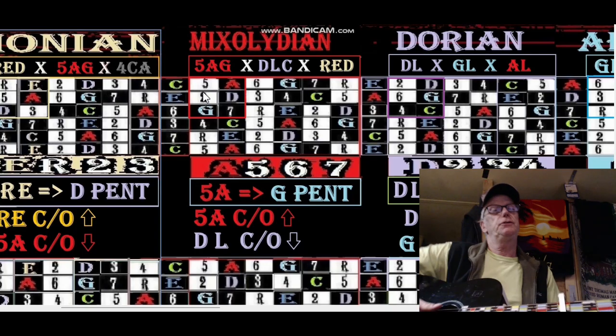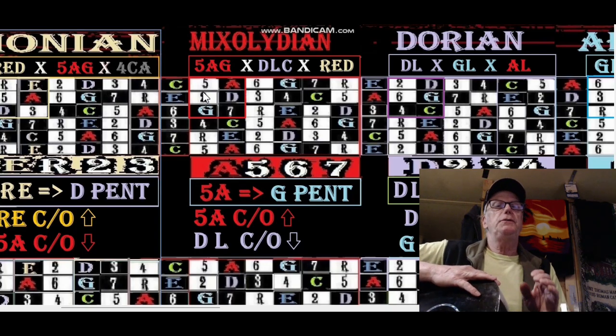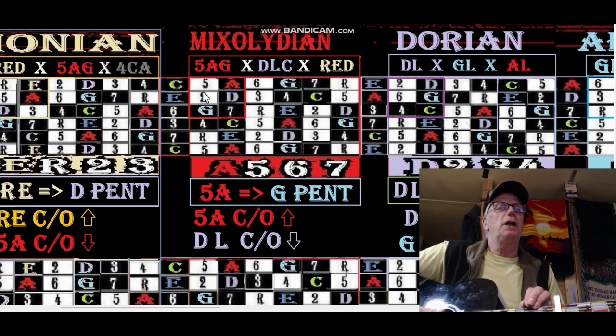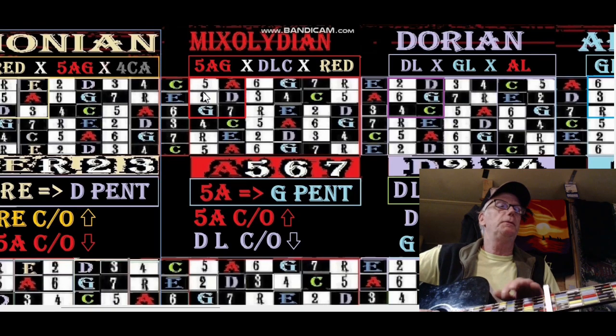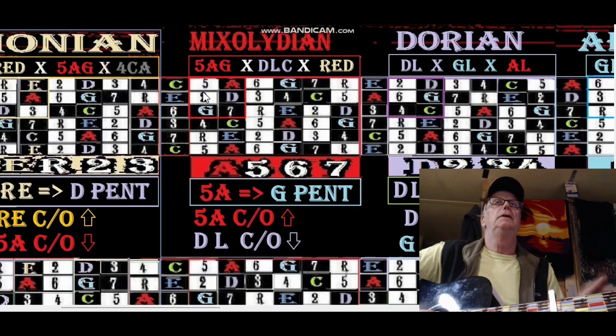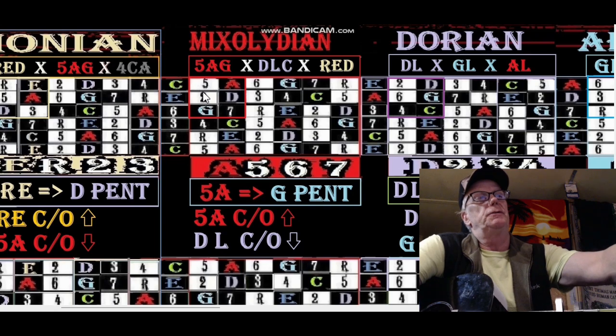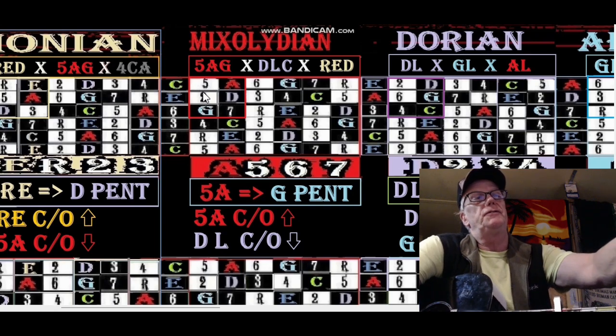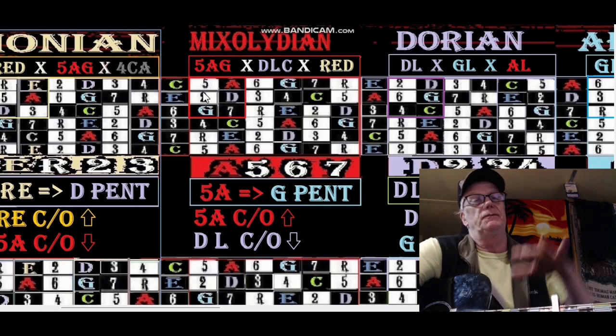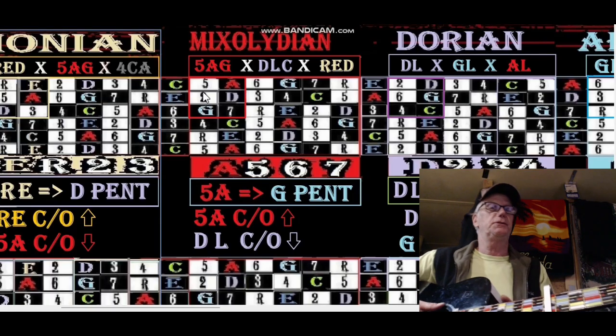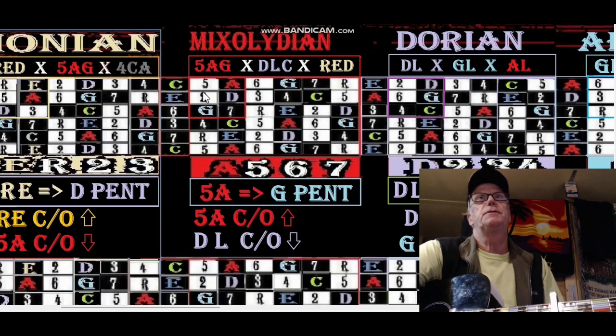And the substitutions are easy when you realize that to substitute a shape, you put the shape in and don't worry about what the numbers are. Because the pentatonic numbers are going to change from root 2, 3 to 4, 5, 6 to 5, 6, 7 and get confusing. But it's easy when you substitute the shapes.